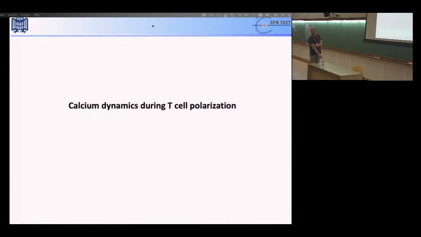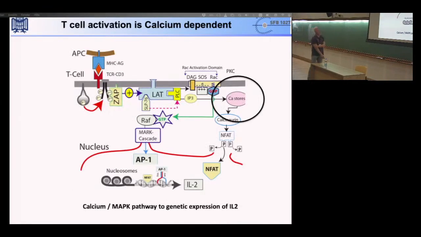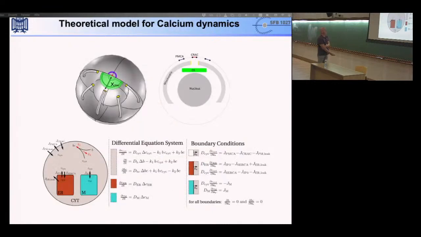There are also calcium dynamics involved during T cell activation, but I think I will skip this.